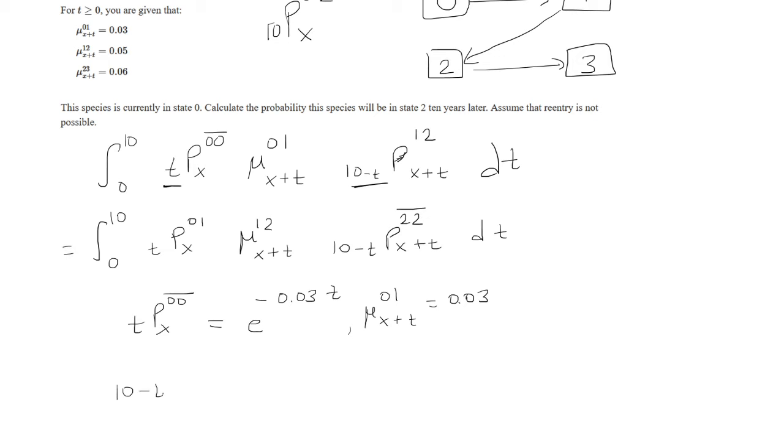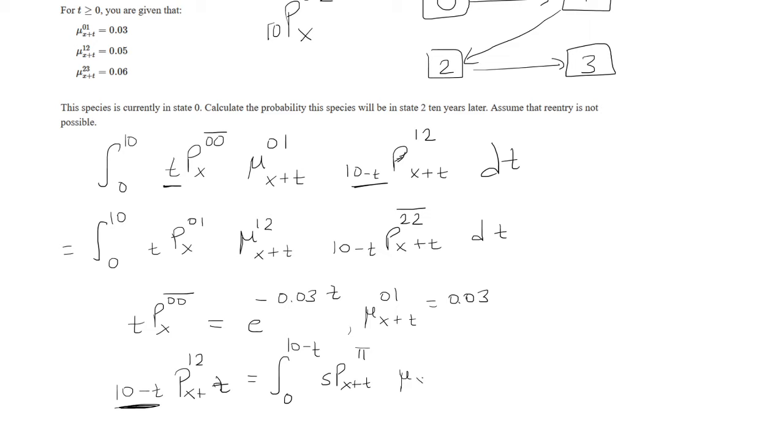And now 10 minus t p x plus t, and then going from 1 to 2. Well, this is obviously going to go from 0 to 10 minus t, the integral, because this is the upper limit. Now I'm going to hang out in state 1 for some time.